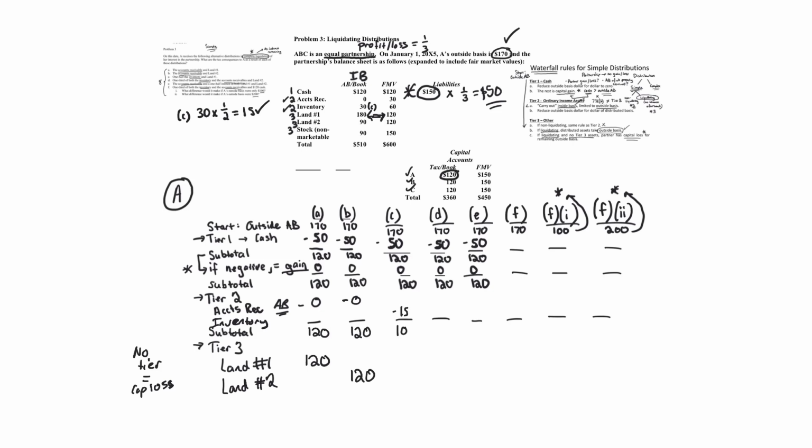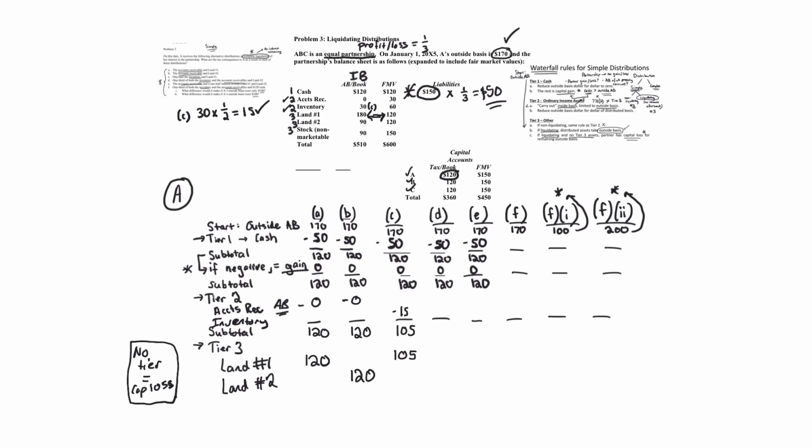And then A also receives land number 1, and the rule is if it's a liquidating distribution, which it is, and you've got a tier 3 asset, all 105 goes to that tier 3 asset. So in situation C, partner A gets land number 1, and land number 1 takes on 105 basis.